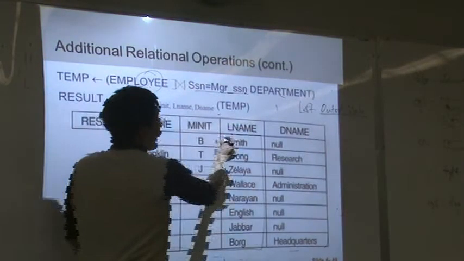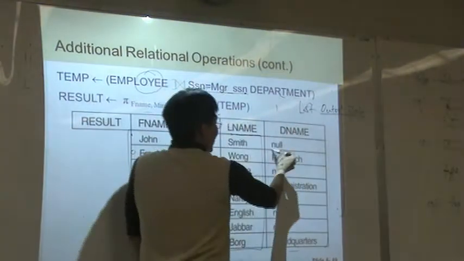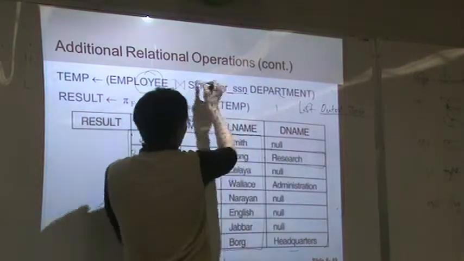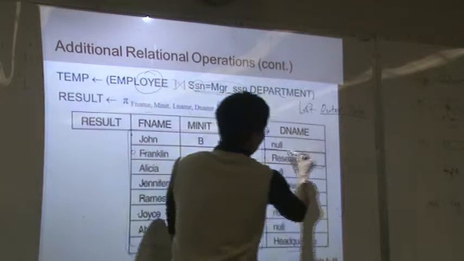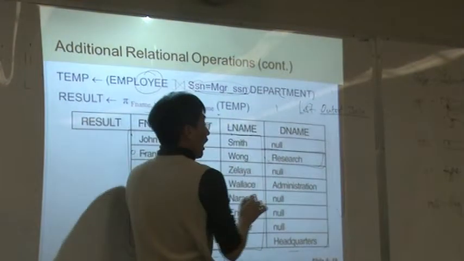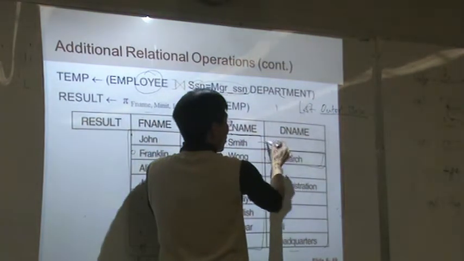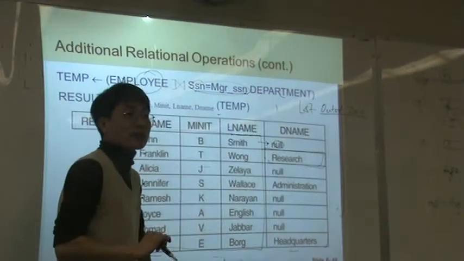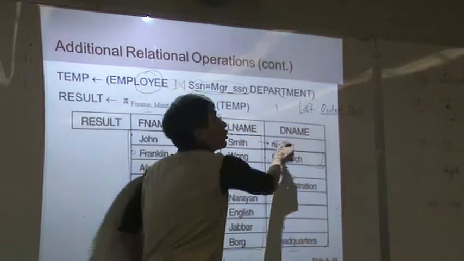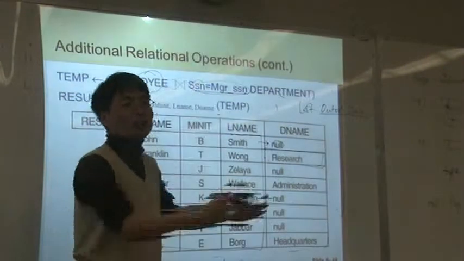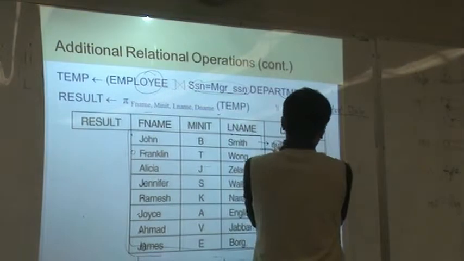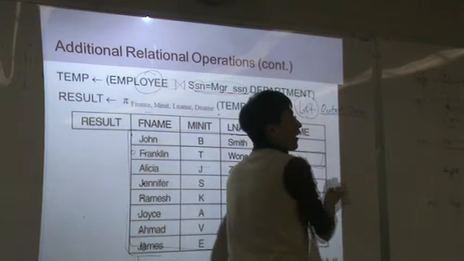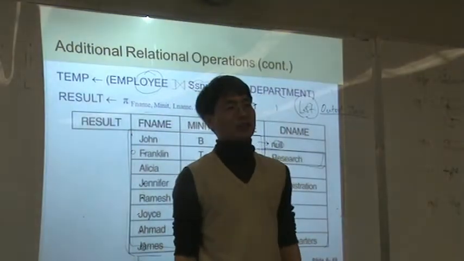Keep all the data on the left hand side. If they are matched, which means they satisfy the join condition, put the department name. Otherwise, there's no managing department, right? So no data. So we keep all the data on the left hand side and on the right hand side only the matched data. That's called the left outer join.